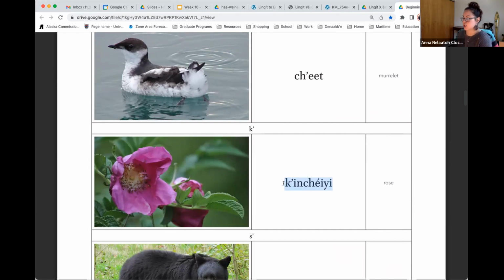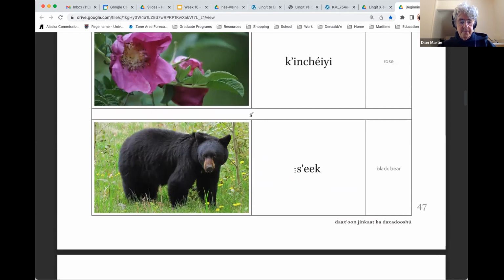This K is pinched, so it should sound pretty sharp. Let's do it again. Kincheyi. Same with this S and tseek. So repeat after me. Tseek. Eat. Yeah, that sounded good.